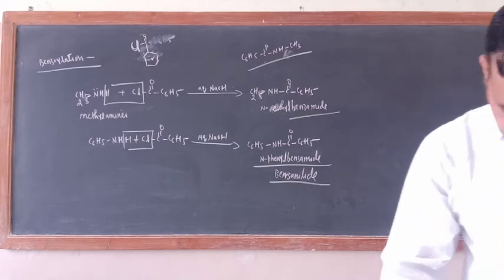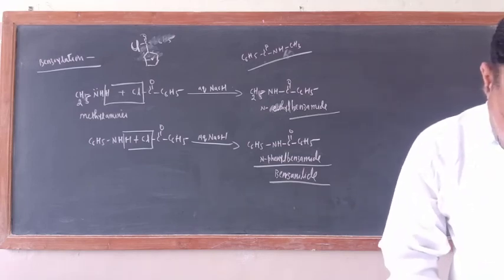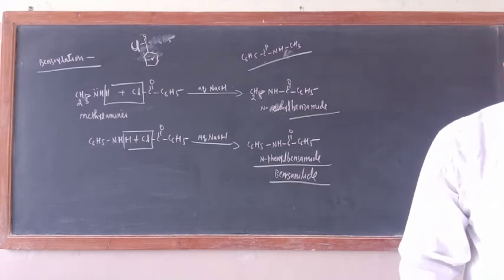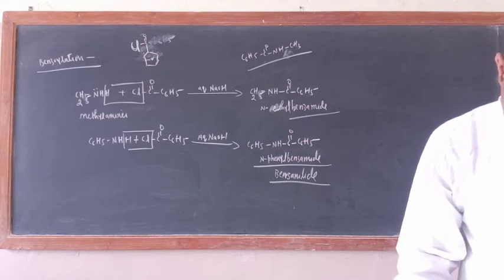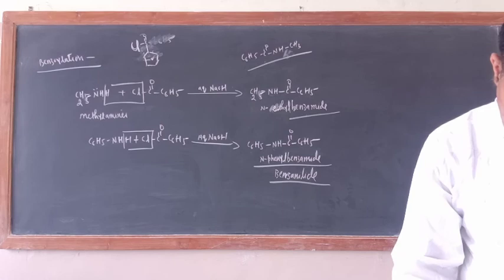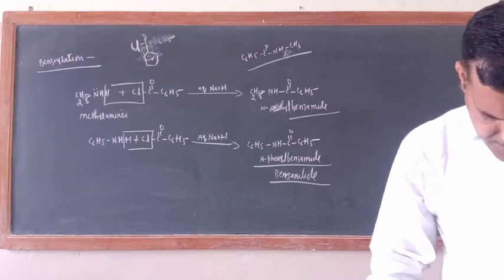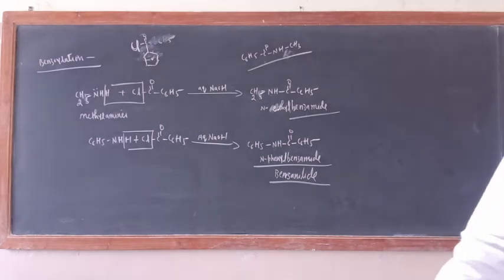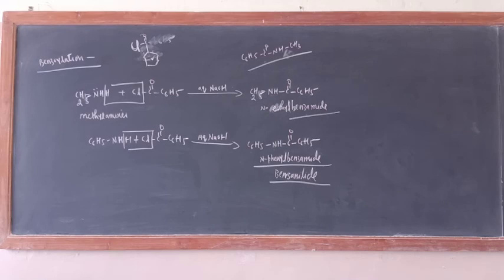Tomorrow onwards I will teach you the carbylamine reaction, the reaction with nitrous acid, and the reaction with benzene sulfonyl chloride, that is Hinsberg reagent. I require about 2 to 3 periods to complete this unit.